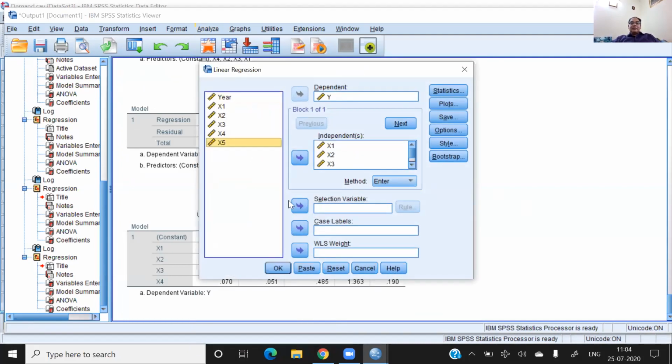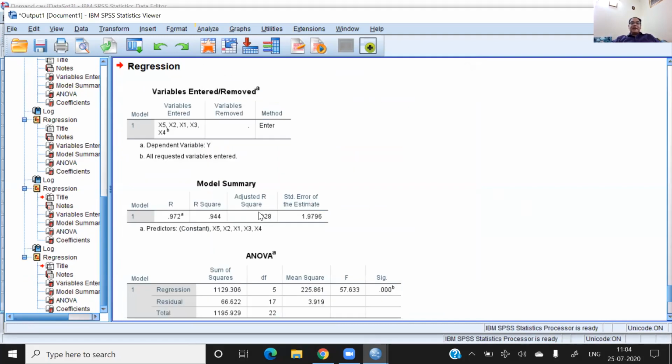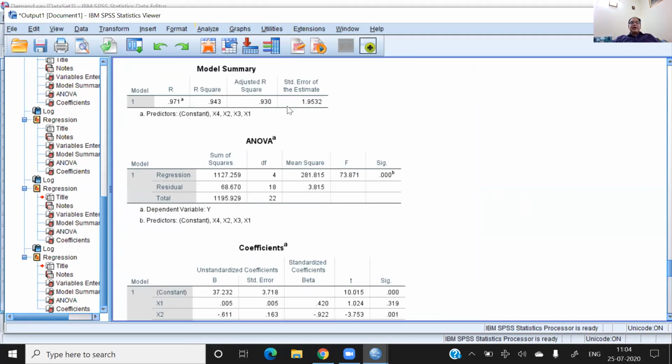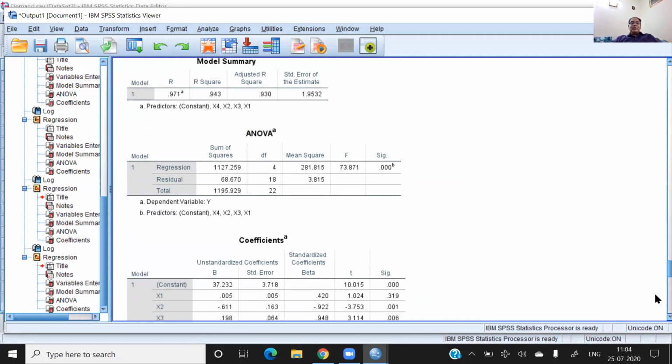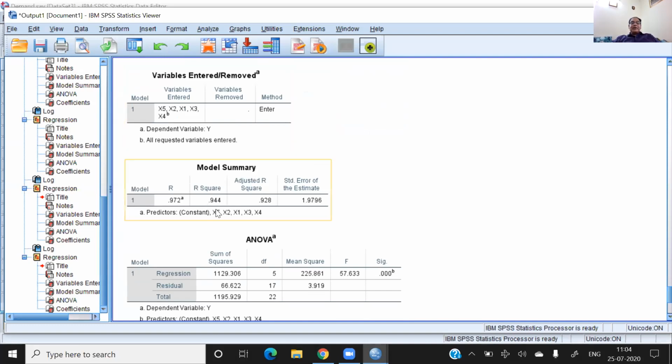x5. So in this way we can decide. Now it is 928. You can see that the earlier R square was 94.3, and it is 93. And when I add a new variable, R square increases, it is 944, but adjusted R square decreases to 928.